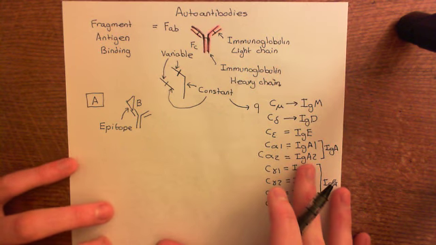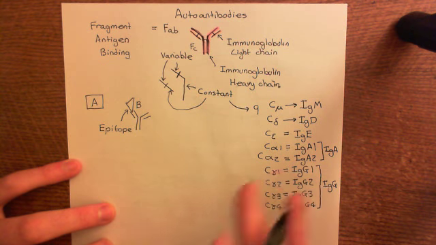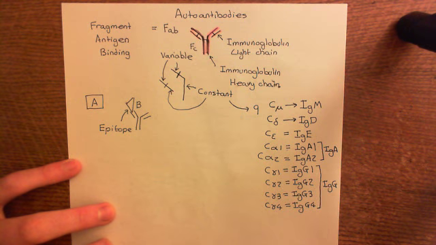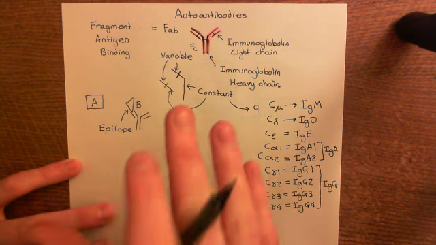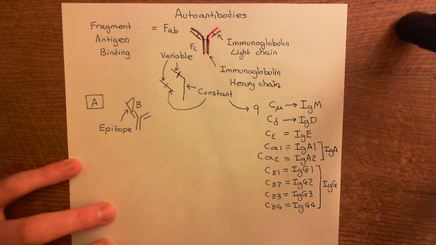Well, basically, you're going to get a humoral adaptive immune response, which is going to lead to the activation of B cells, which are then going to differentiate into plasma cells and produce these autoantibodies. Okay, so something goes wrong in immunological tolerance. This should not happen.